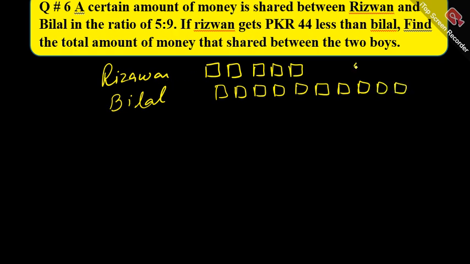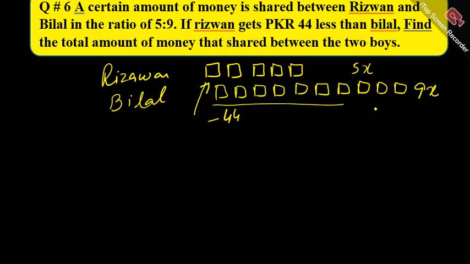So Rizwan has 5x and Bilal has 9x, right? Rizwan gets 44 less than Bilal. It means Rizwan gets 44 less in comparison to Bilal.